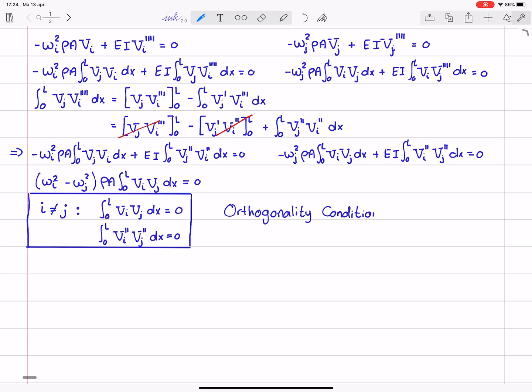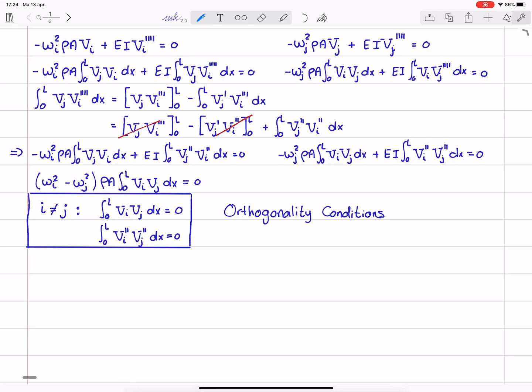If we take any two modes and we multiply them and integrate, the result is 0. And if we take the second derivative of any two modes and integrate, the result is 0 as well. So it says that the modes and the second derivatives of the modes are orthogonal with respect to distinct modes on the interval 0 to L.